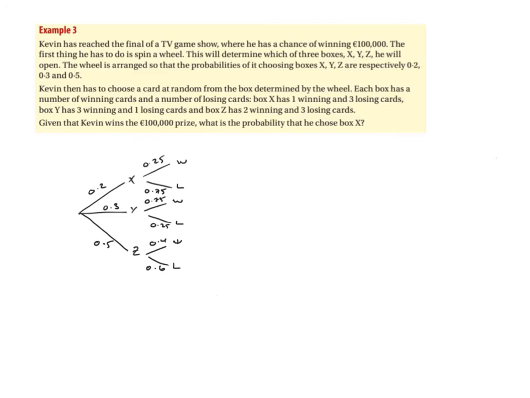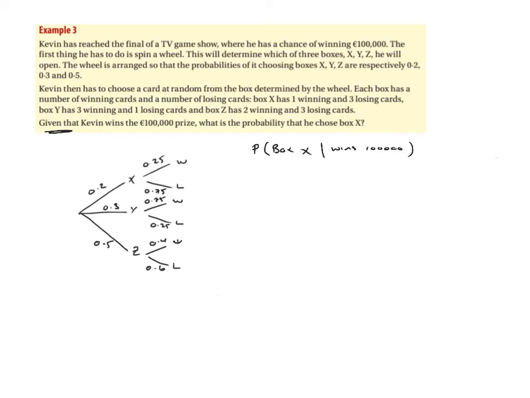So let's put into words what's going on. It says, given that Kevin wins the 100,000 prize, what's the probability he chose X? If we write that down, it's the probability that he chooses box X, given that he wins the 100,000 prize. Okay, so that's what we're trying to work out. So we've got to find the intersection of that over the fact that he wins 100,000.